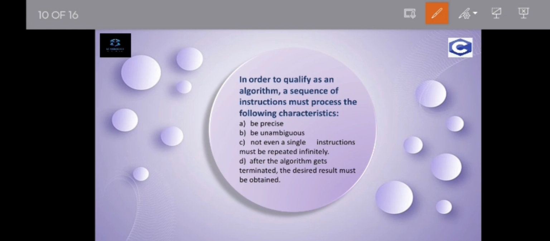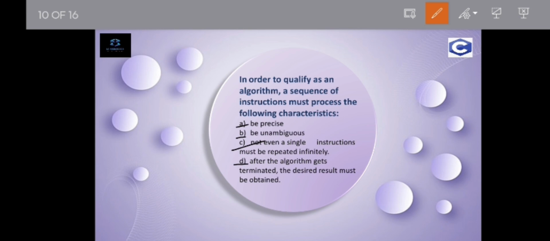First, it should be precise. Second, it should be unambiguous. Third, not even a single instruction must be repeated infinitely. And the fourth one is, after the algorithm gets terminated, the desired result must be obtained.